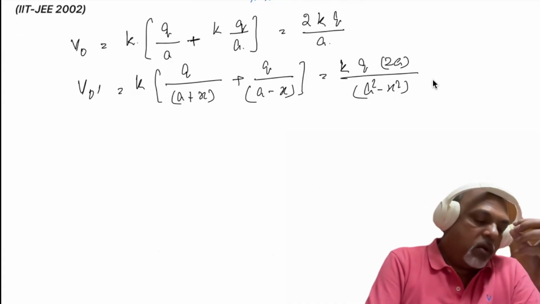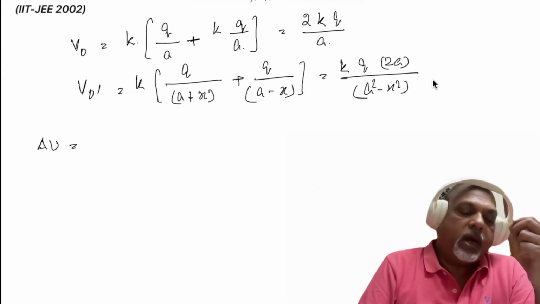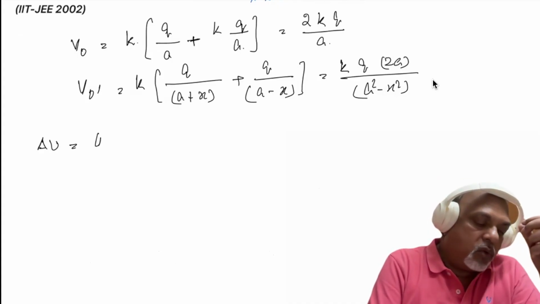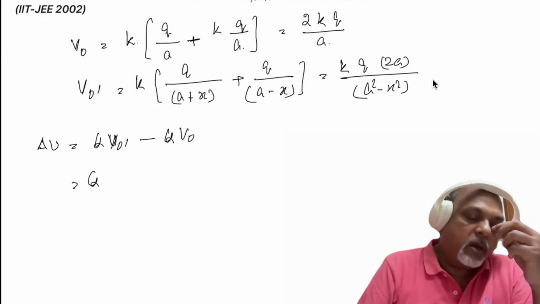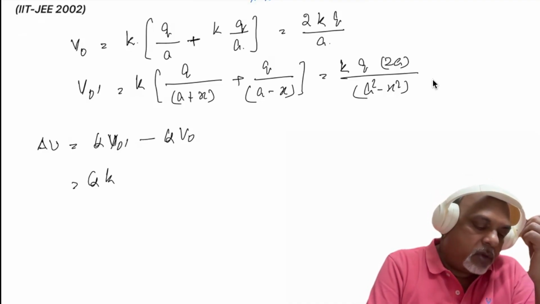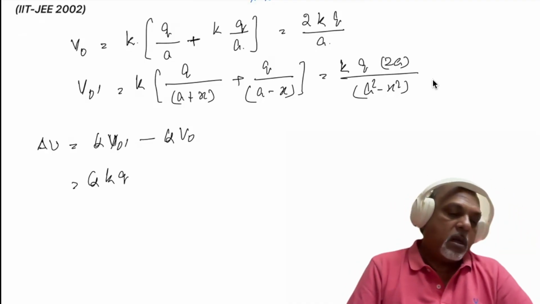Now, let us find out the change in the potential energy. The final part: Q into V_O dash minus Q into V_O. And Q you can take common, K also you can take common, Q also you can take common.